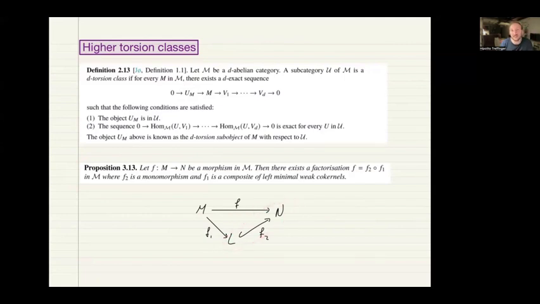So when you are working in a d-cluster tilting subcategory inside an abelian length category, there is some kind of factoring through the image that is very important and that might be useful for you if you're working with higher torsion classes or higher homological algebra at some point in your life.